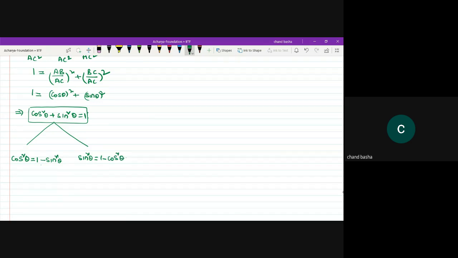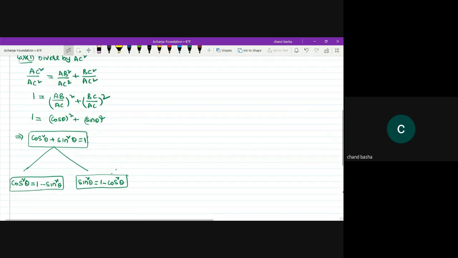These are the two identities. Hope you can understand this. So how many identities did we derive? Three from the first case.